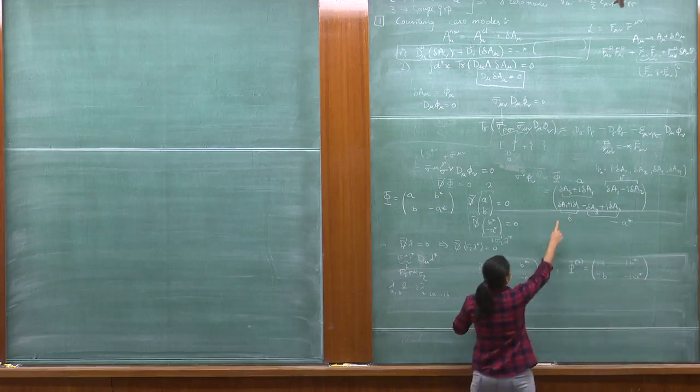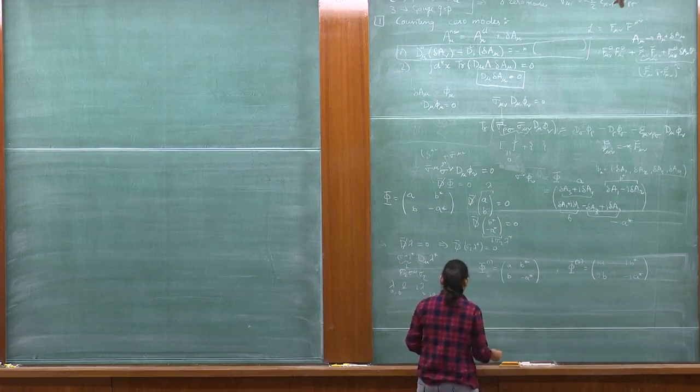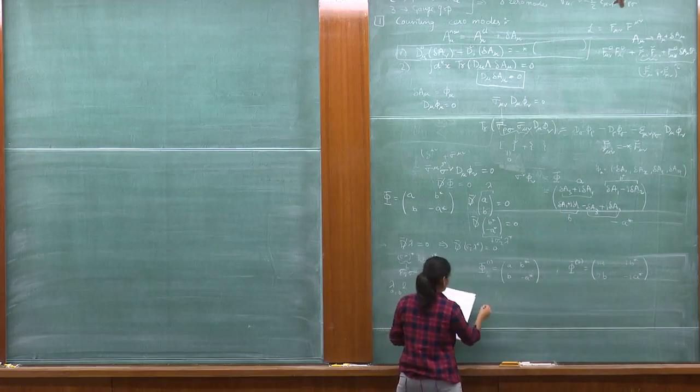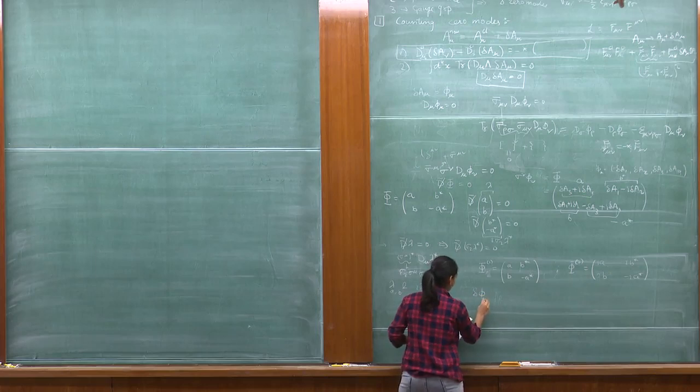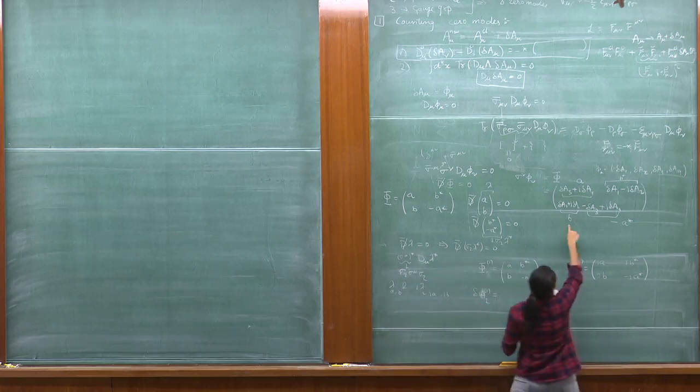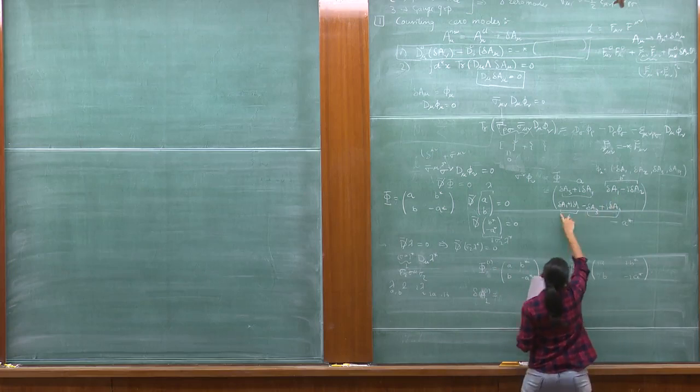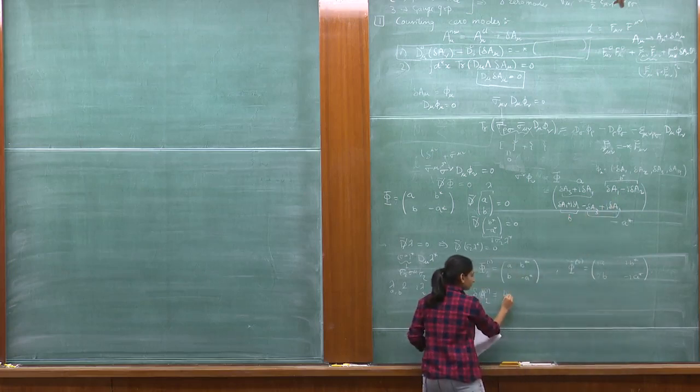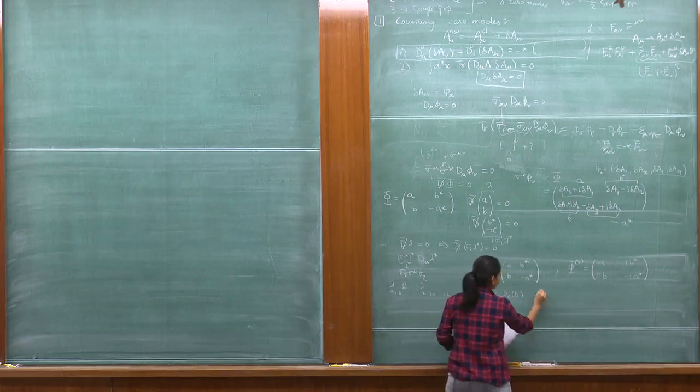So delta A1 computed from the first solution is basically the real part of B. Similarly, you can find what delta A2 is.